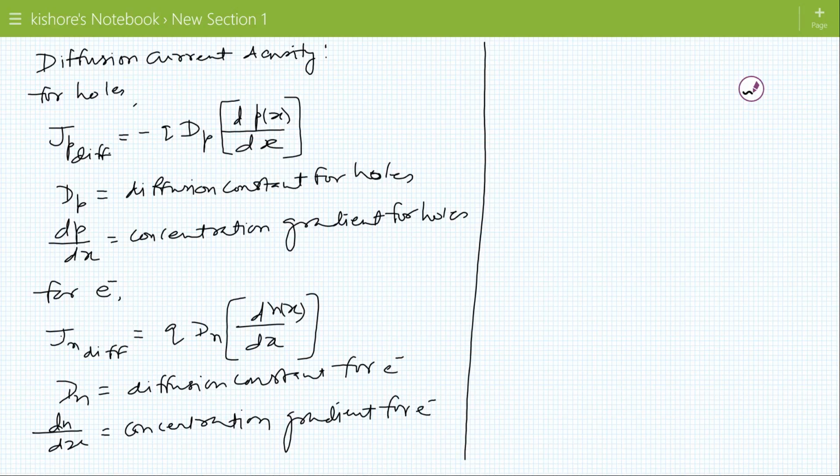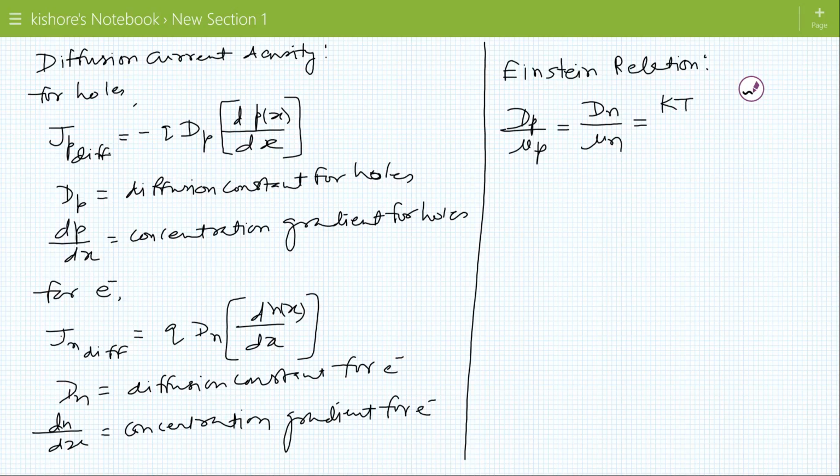Now we have Einstein relation that relates diffusion constant and the mobility. Dp by mu p is equal to Dn by mu n, and that is equal to kT by q.